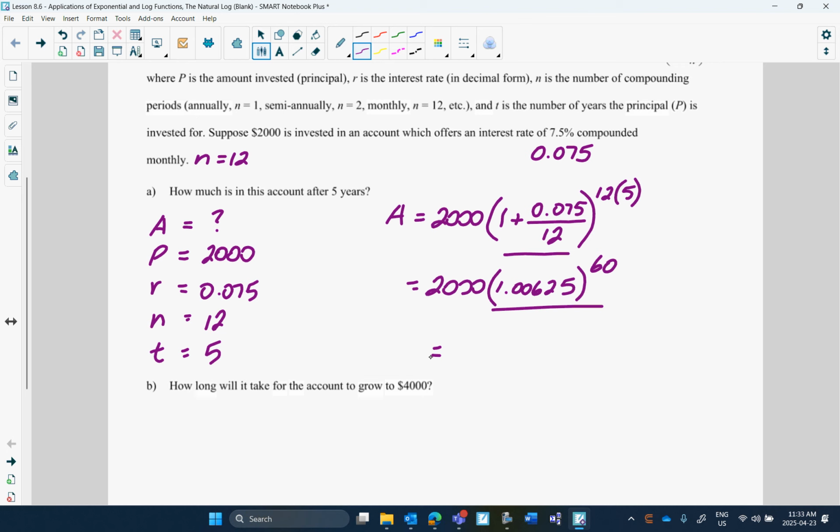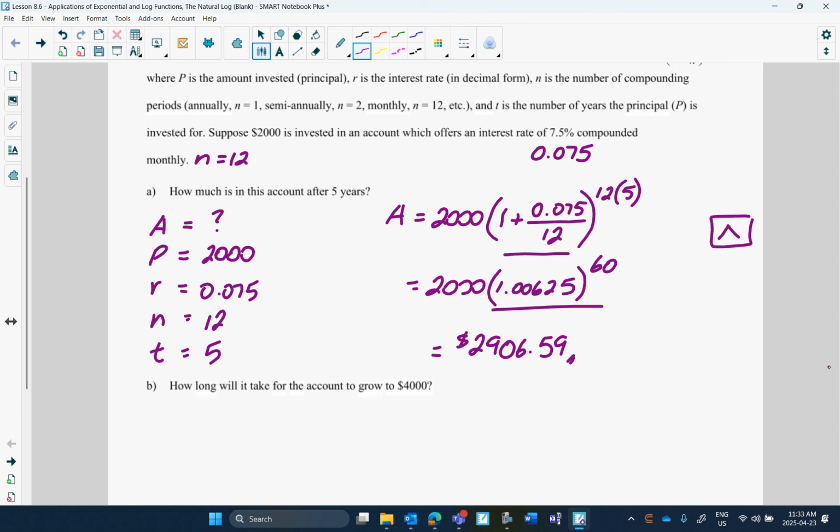So 1.00625 raised to the 60th power times 2,000, and then round to 2 decimal places because it's money. We get $2,906.59. What's that? You should have this little button on your calculator.